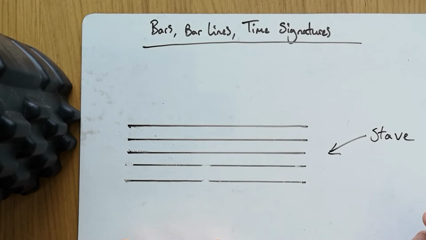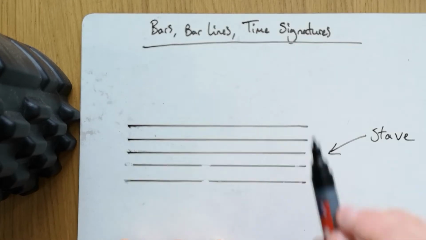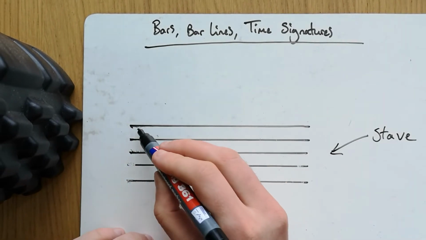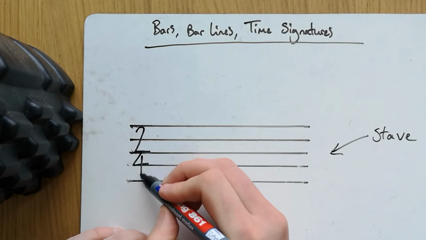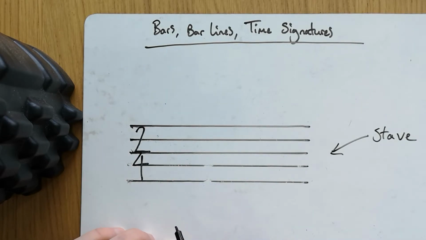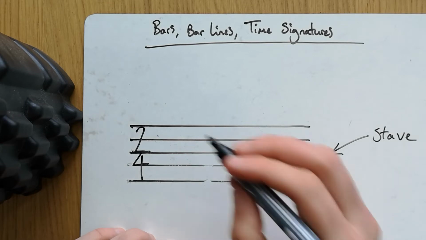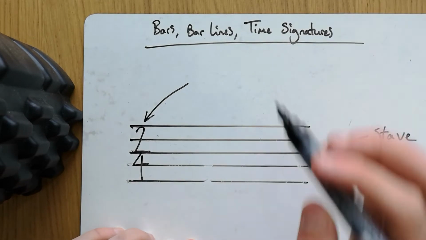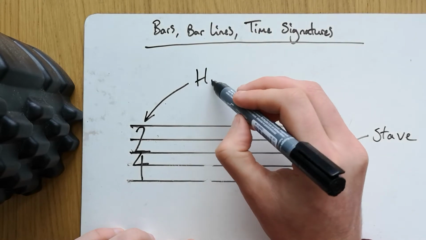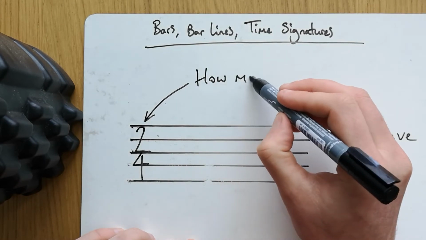At the start of a piece of written down music will be a time signature. For example, 2/4 is a time signature you'll get. The top number is telling you how many beats in a bar.